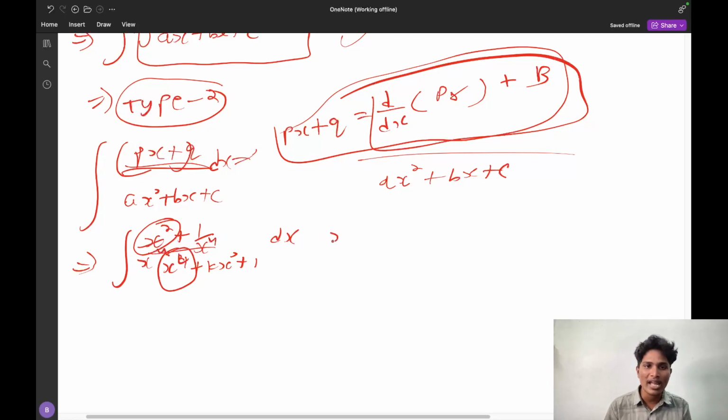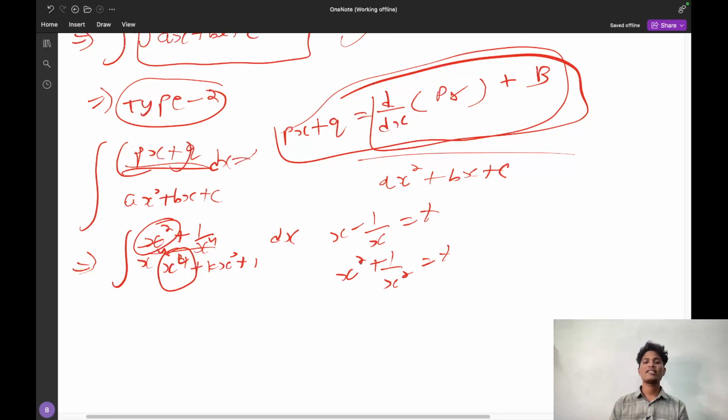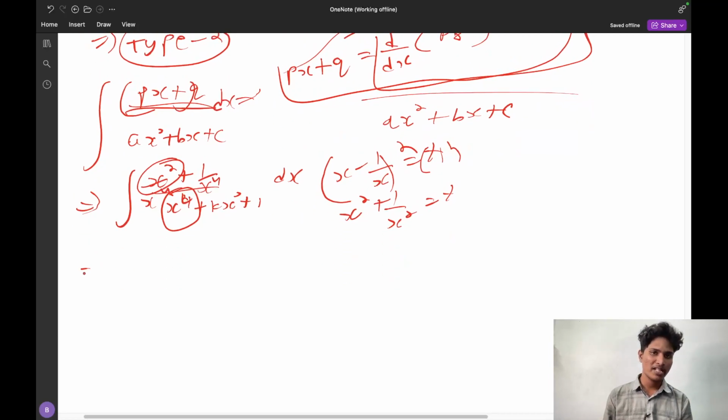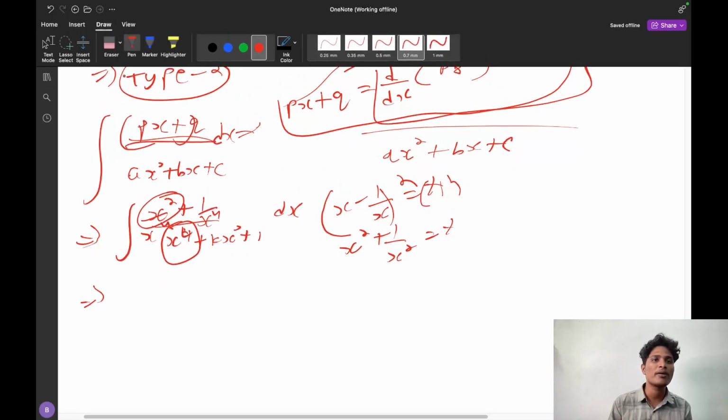After dividing, put x minus 1 by x as t. So x square plus 1 by x square will be t square. If I differentiate this, it will be like this. There are some formats I will explain in the example. This is a substitution. Divide the numerator and denominator by x square, not x power 4. Sorry, it is a print mistake.